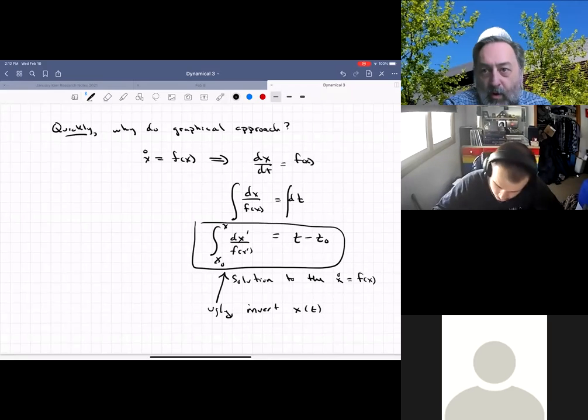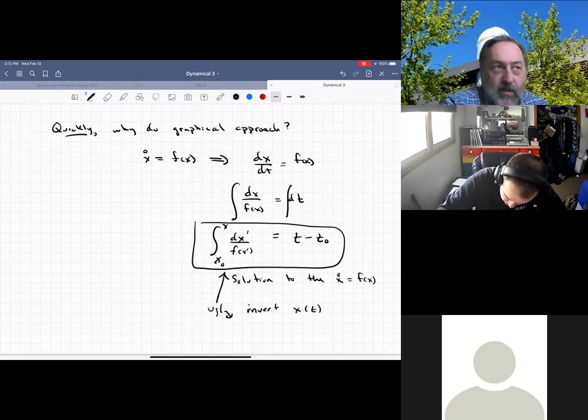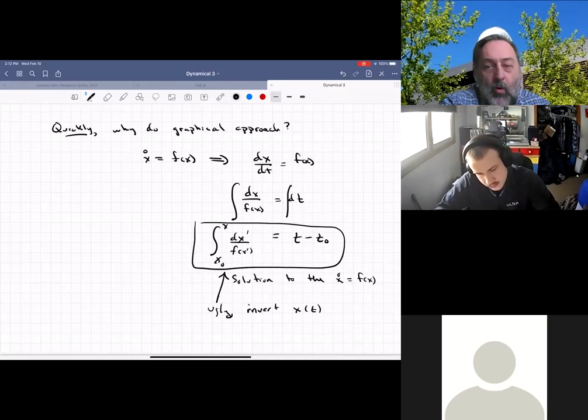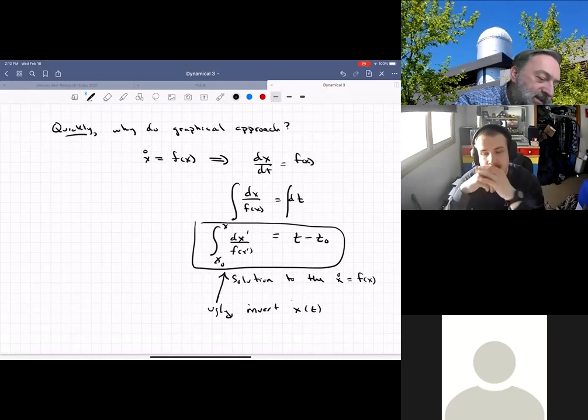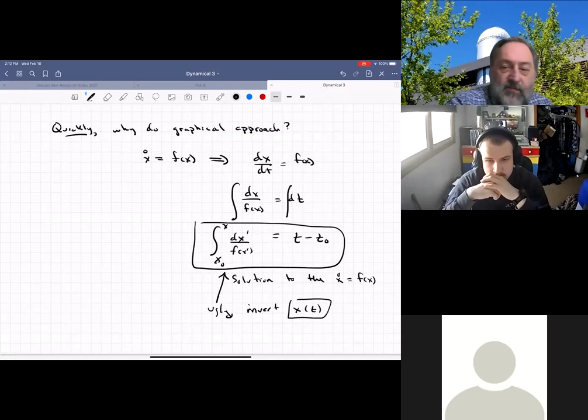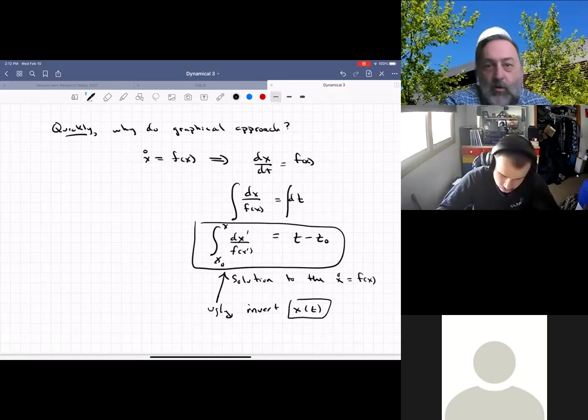Normally we want to know what x is as a function of time. So we might have some ugly integral that we have to do, and then we need to invert it to figure out what x is as a function of time. So if your goal is to find an exact function, x as a function of time, then you can always do this.